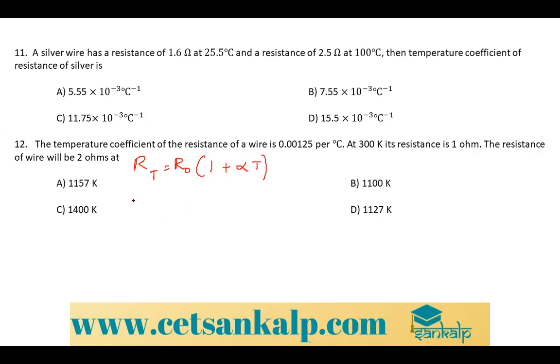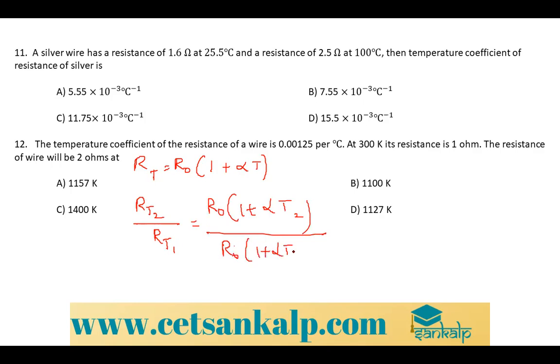So again, I'll take the ratio. So RT2 by RT1 is equal to R naught (1 plus alpha T2) divided by R naught (1 plus alpha T1). So R naught and R naught get cancelled. What about RT2 by RT1? 2 divided by 1 is equal to 1 plus alpha T2 divided by 1 plus alpha T1.